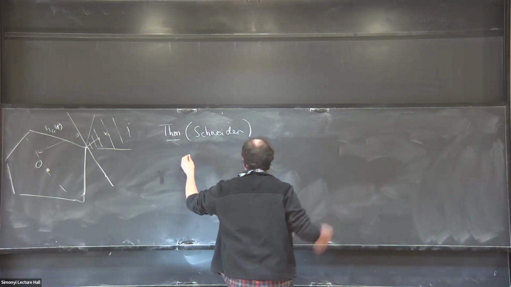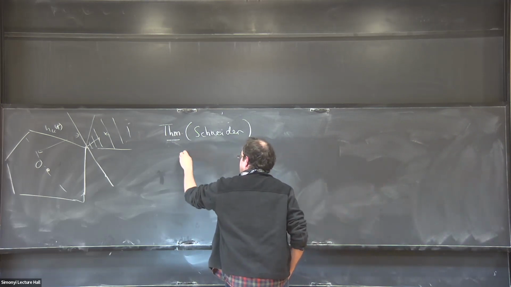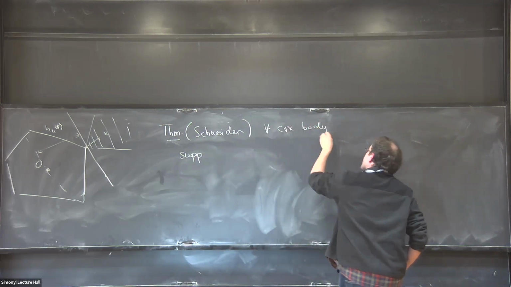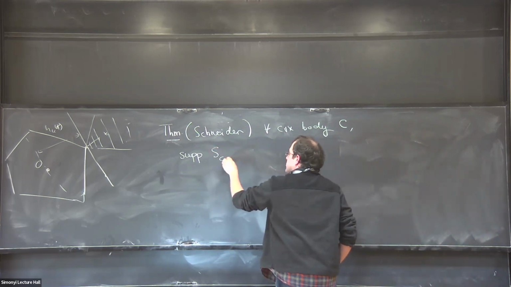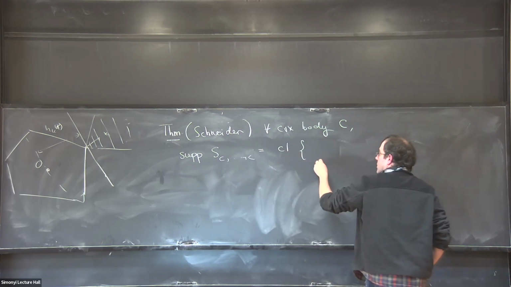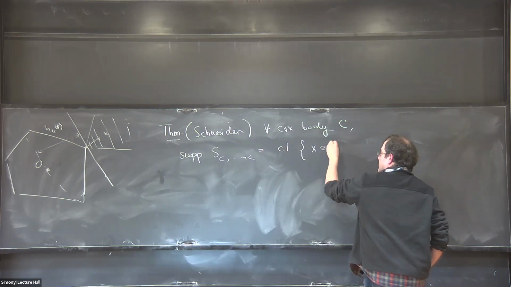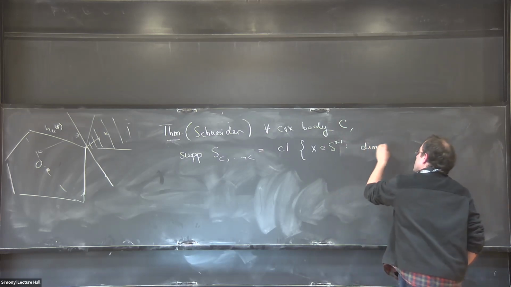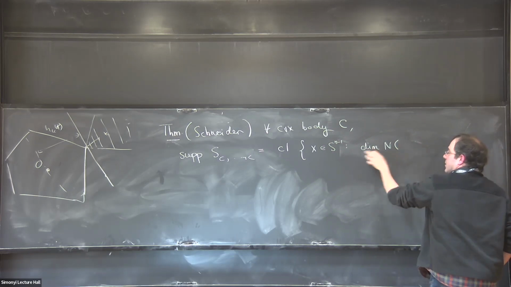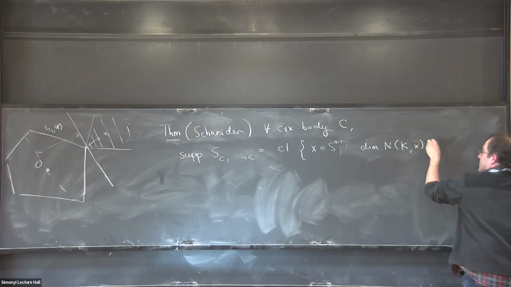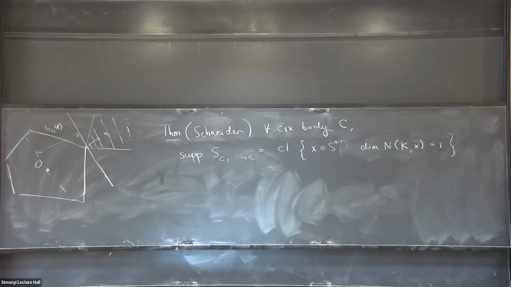So what we expect from this picture was proved by Schneider. It says that for any convex body, the support of the mixed area measure is the closure, since the support by definition is closed, of all points x in the unit sphere such that the dimension of the normal cone of that body with normal direction x is 1.